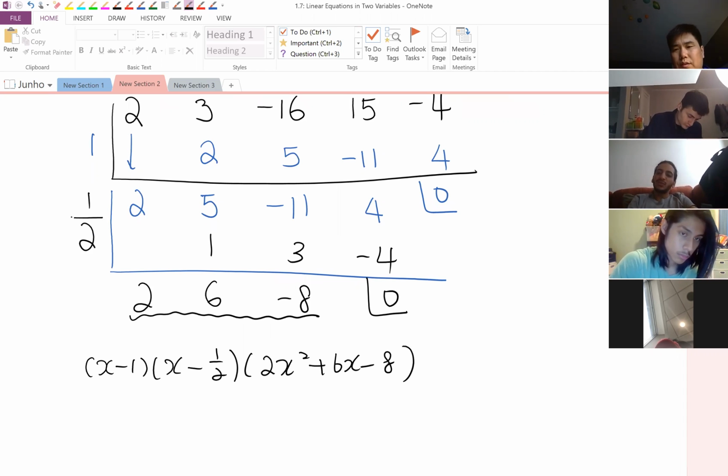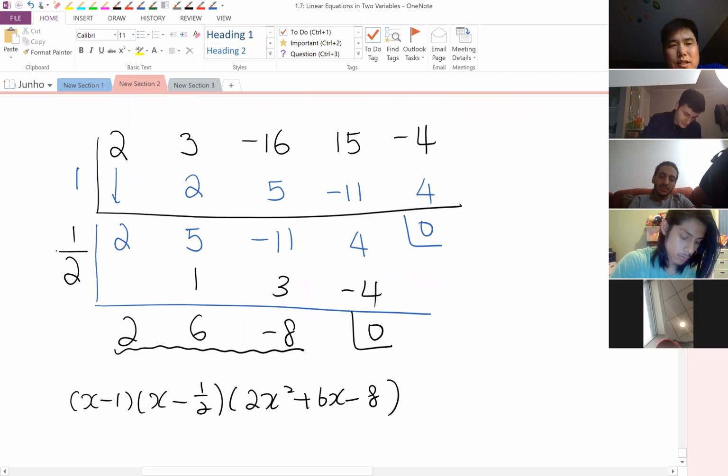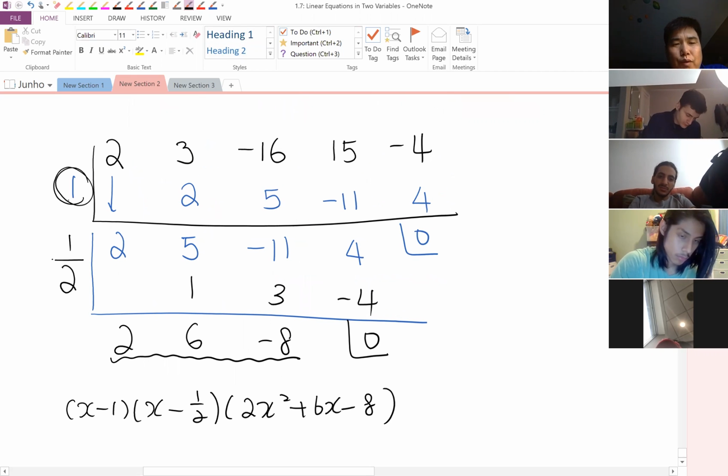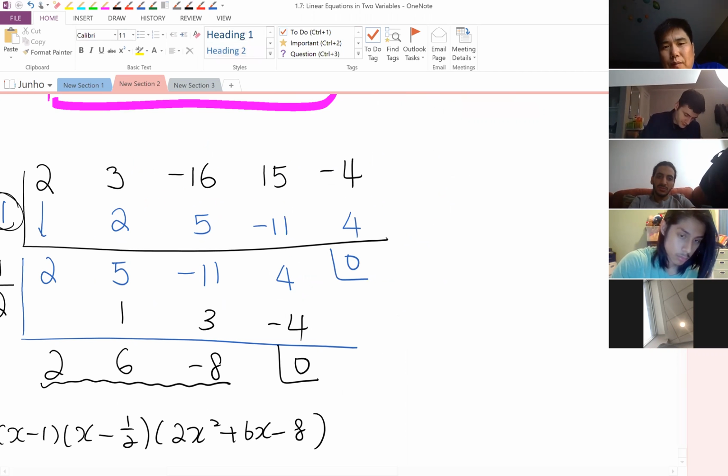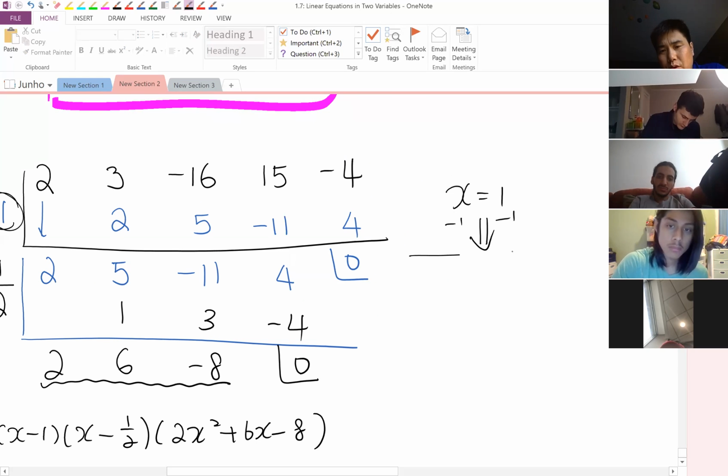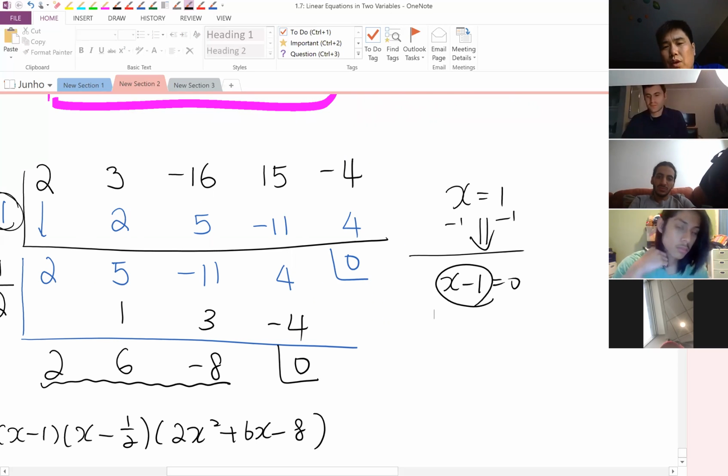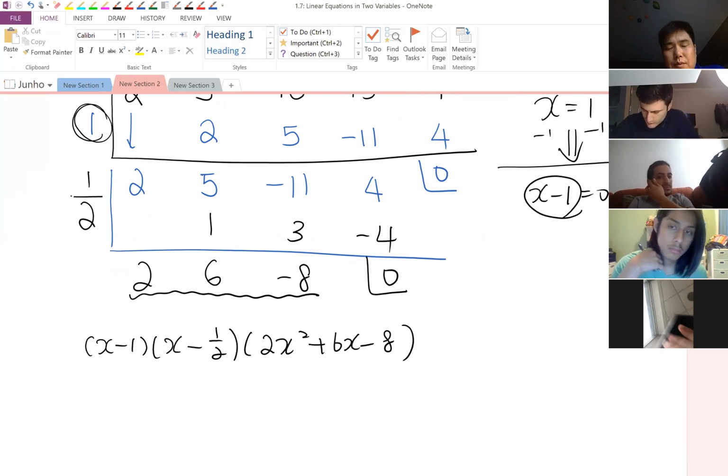Oh, because from the beginning, the reason is in synthetic division, this value represents an answer for each divisor. So we are making x equal to 1, and when we switch this to factoring form, you are substituting 1, so x minus 1 equals 0. That's the reason we are making x minus 1. And this will become x minus 1/2.